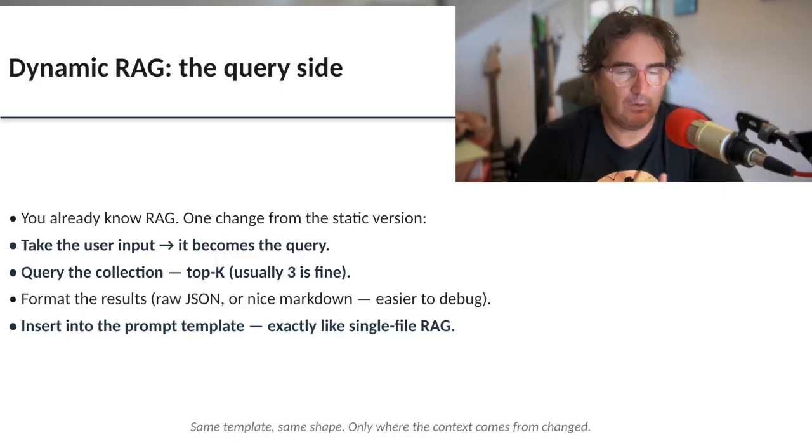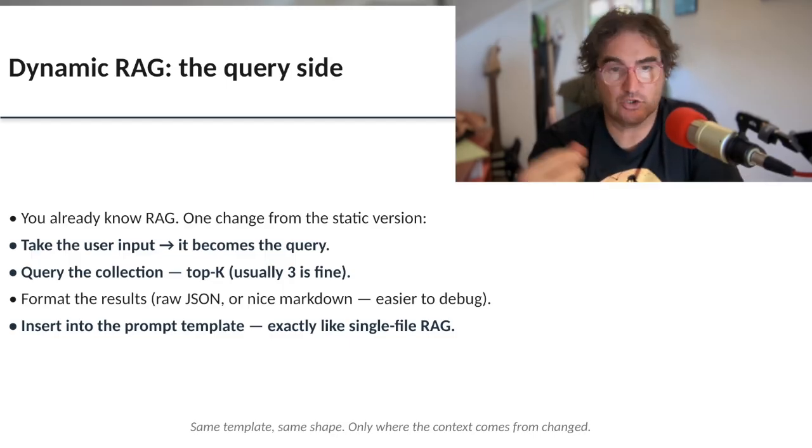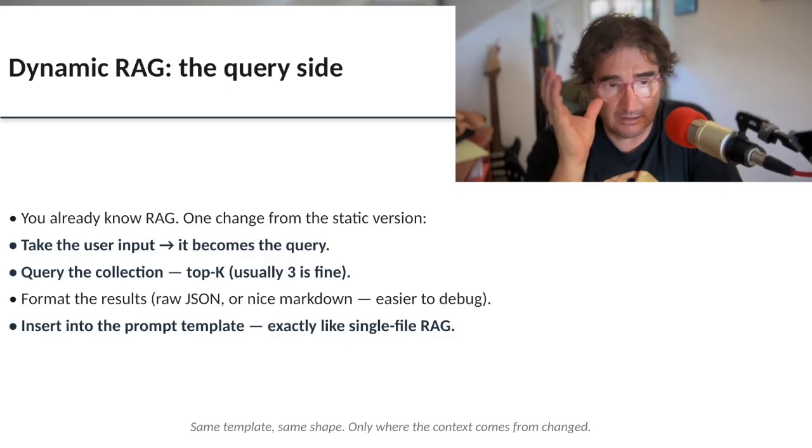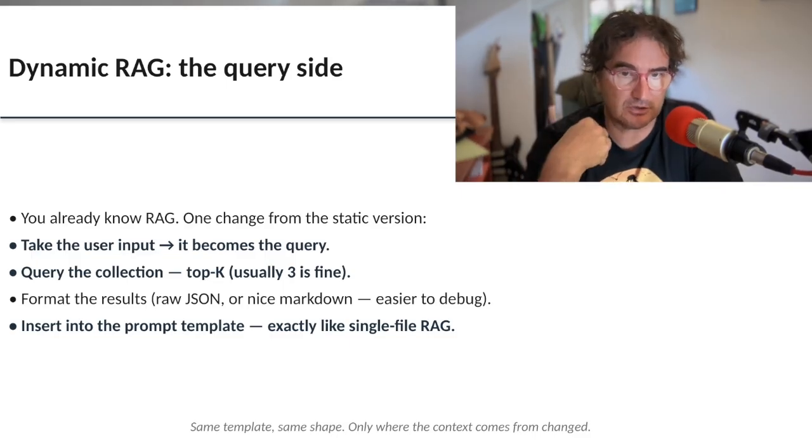Okay, now it comes to the RAG. It's really easy. You already know RAG, you know how to do it statically. Now what we do is, instead of retrieving a static document, take the user input, turn it into the query, and now we query the collection with the top K. Usually 3 is okay. Then you get the results of the collection, and then you format it in some way.